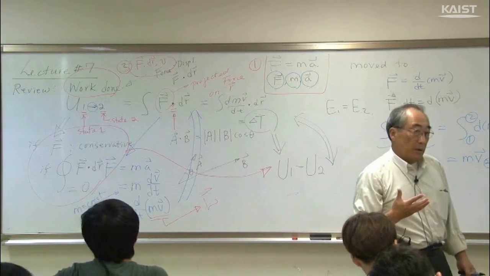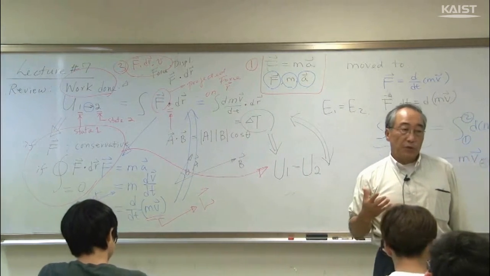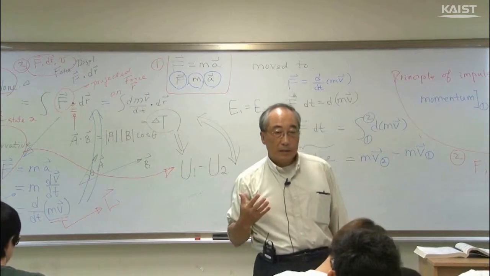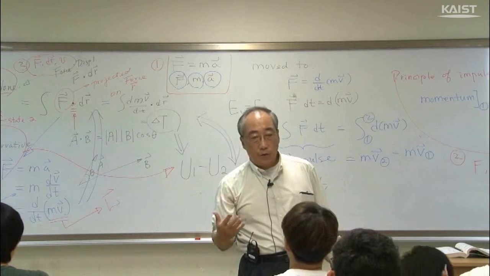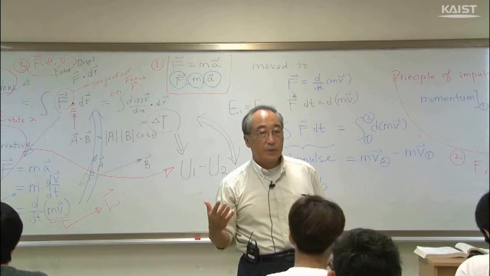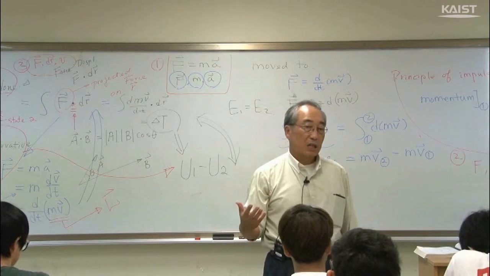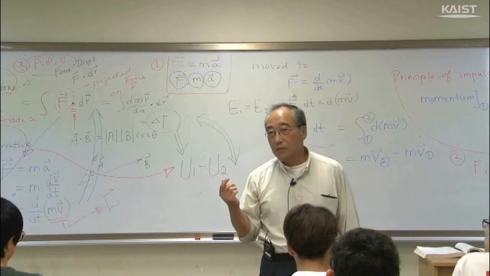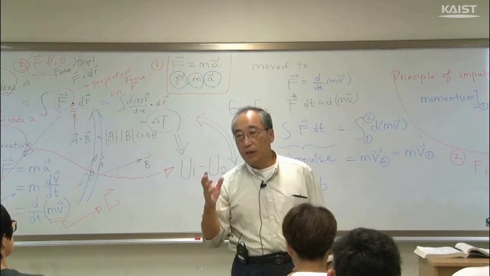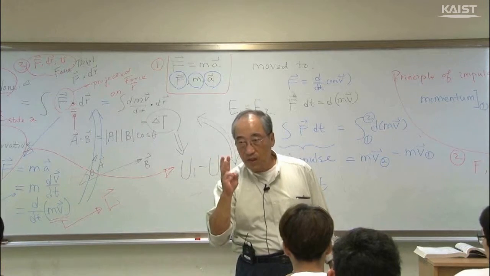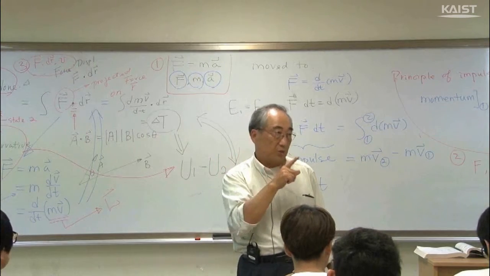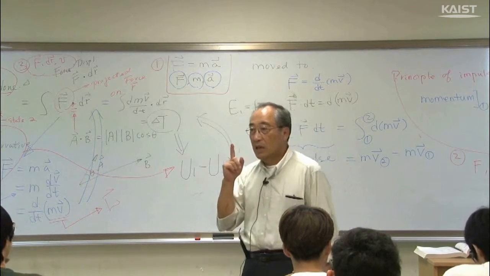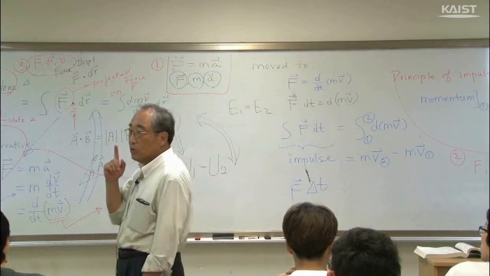So if the problem in front of you has force, displacement, and velocity, and has to be solved, or at least we have to find the relation of those 3 variables, then the principle of work done and kinetic energy is the tool we have to select.